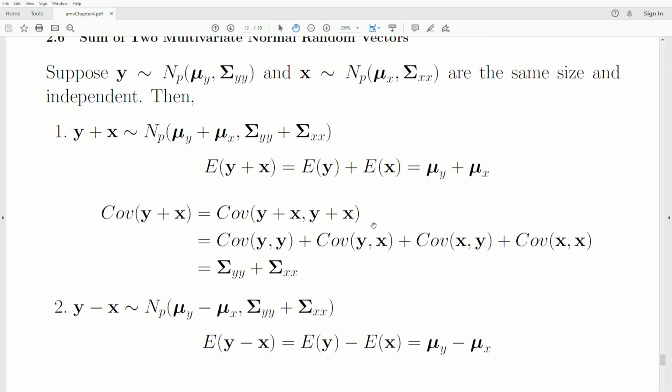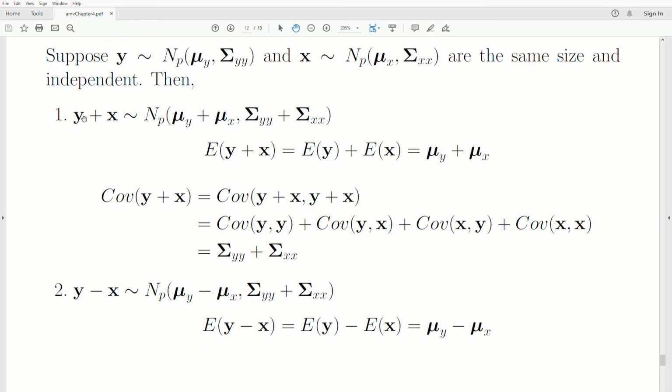Now, since y and x are independent, the covariance of y and x is 0, and the covariance of x and y is the same thing, so they're independent. So we're left with the covariance of y, sigma yy, and the covariance of x. So it is correct, at least the mean and the variance. We didn't prove that it's normally distributed, but it is.